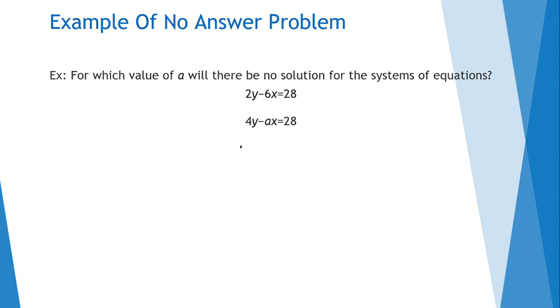So this bottom equation divided by 2 is 2y minus ax over 2 equals 14. And now I want to have this ax over 2 equal 6x, because that would mean I would have 2y minus 6x equals 14, which means that if I set these equal to each other, I would have 28 equals 14, and that's not right, which means that it would be no answers.